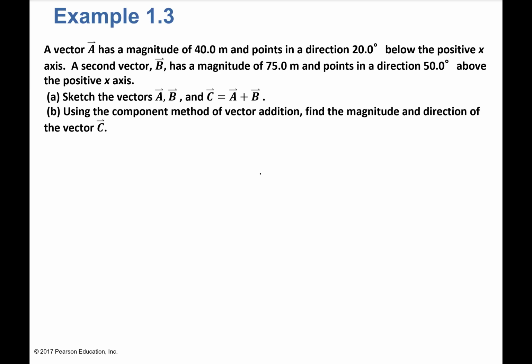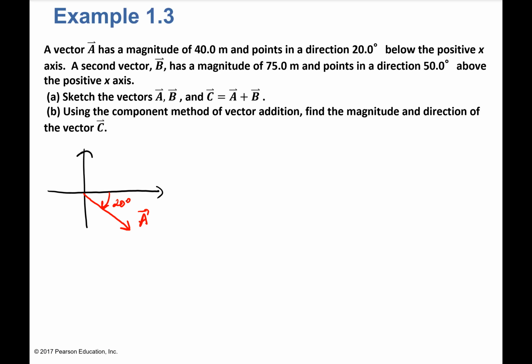So we have two vectors, A and B. We're given their magnitude and their direction. Sketch the vectors A and B. So here's A, 40 meters, 20 degrees below the positive x-axis. This is the vector A. This is 20 degrees.